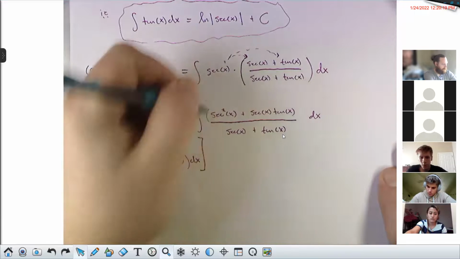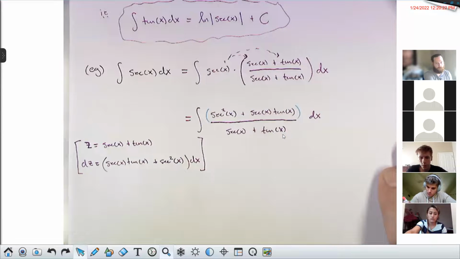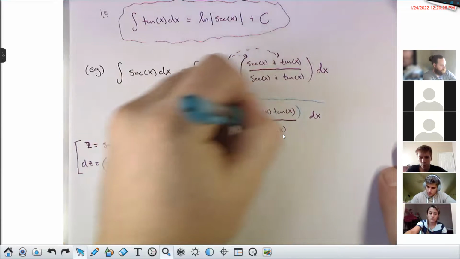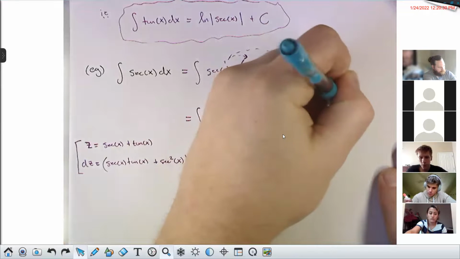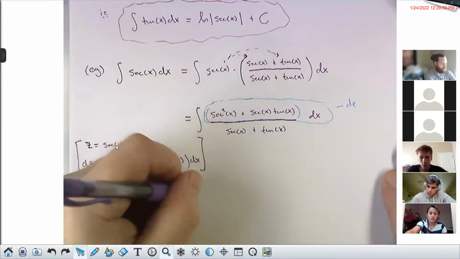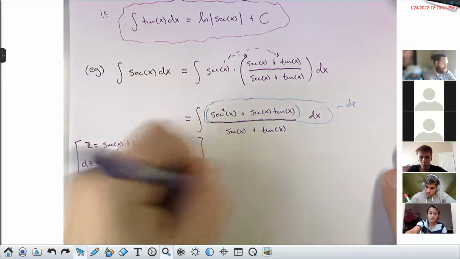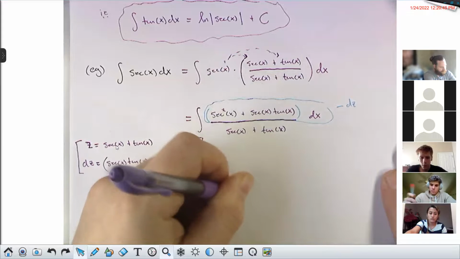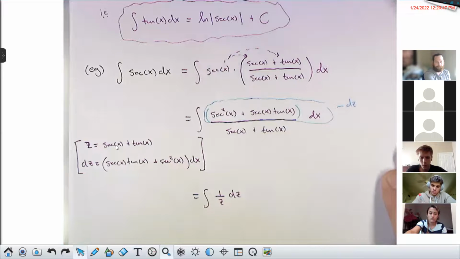Remember, tops and bottoms of fractions are always secretly in parentheses. So this whole thing right here is dz, and the bottom, secant plus tangent, that's z. So what we get is the integral of dz over z, or 1 over z dz, which again is a natural log.